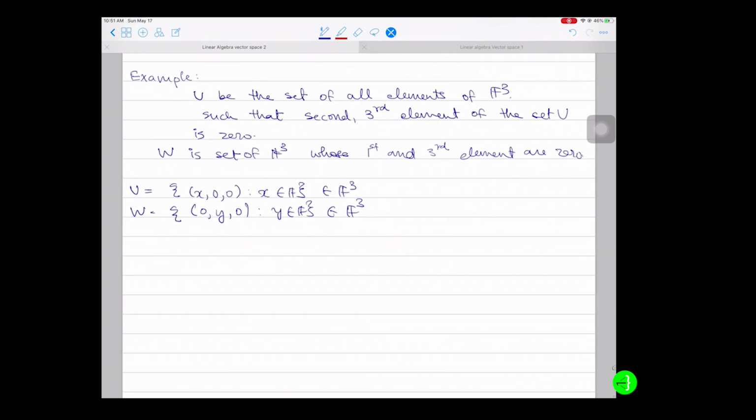Then the addition U plus W would be (x, y, 0) for all x and y belonging to F. It means all possible sums of all possible elements would be this sum U plus W.